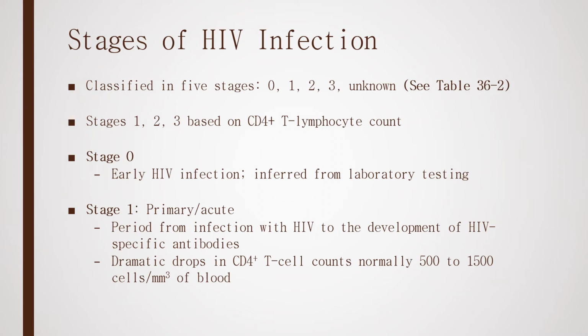Normally, the numbers for CD4 plus T cells in a non-infected individual is 500 to 1500 cells per cubic millimeter of blood.